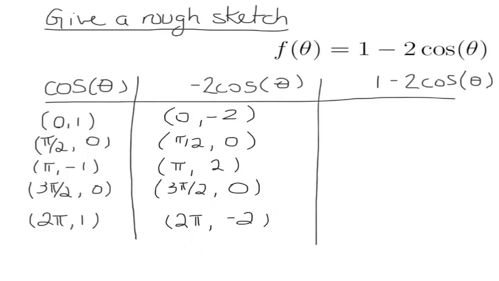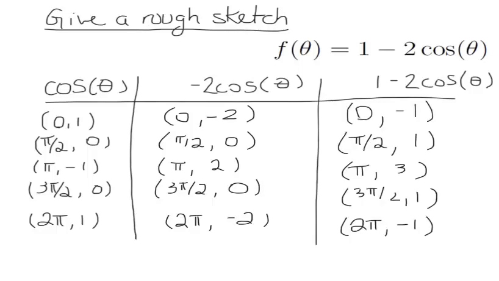Our last step is to consider what happens as we move from the function negative 2 cos theta to 1 minus 2 cos theta. Well, what's actually happening here is a shift upwards in the y direction, and that's represented here by the number 1. So in order to move from our second column into our final column, we're going to add 1 to all of our y values.